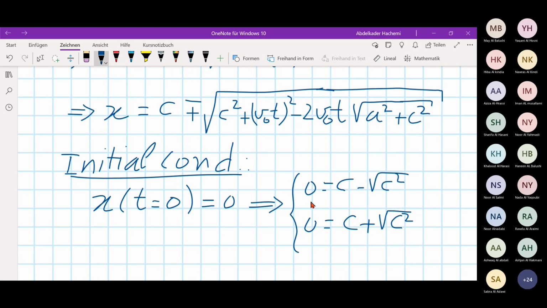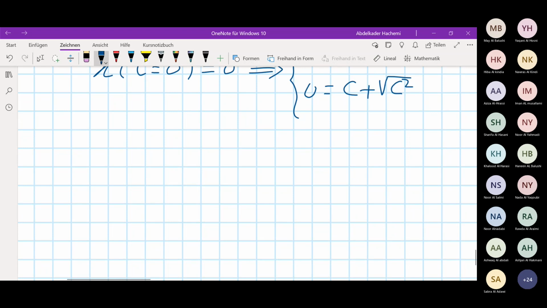The right one is the first one, with C minus the square root of this term. So x of t is equal to C minus the square root, and I will not repeat, to save time, C squared plus and so on.